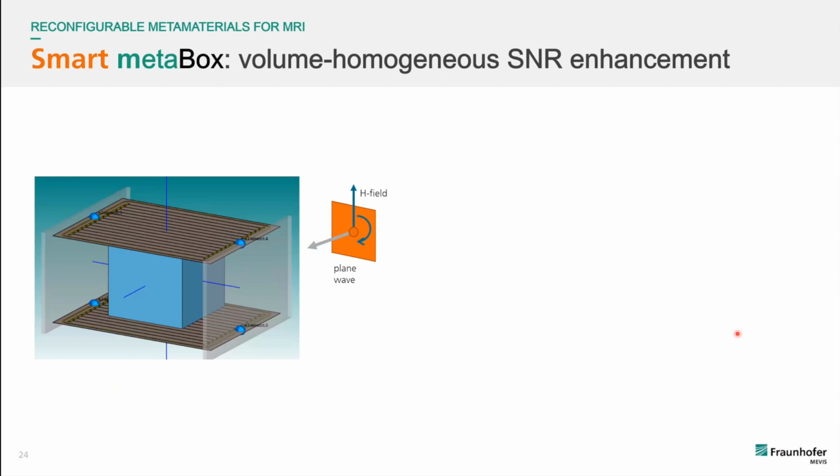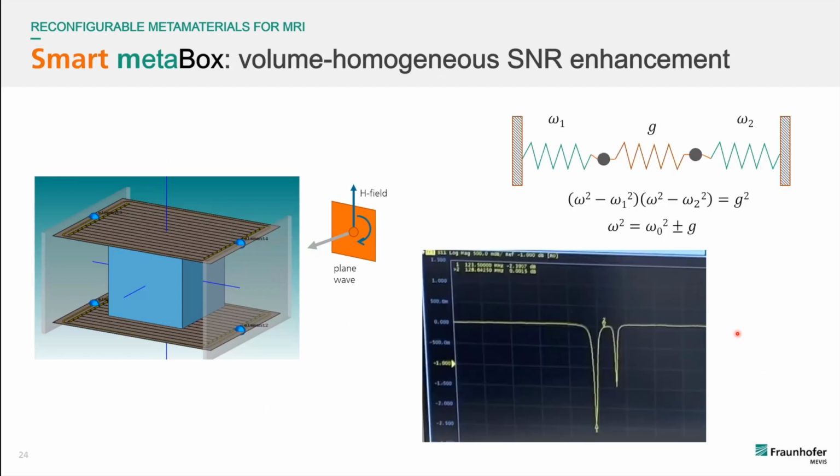What you could see before, maybe just with one coil, you're getting this exponential decay. But if you're combining two of those elements, they will, of course, couple. It's a coupled system. You're getting two resonance frequencies, going to the lower one and tune your metamaterial to the lower one.